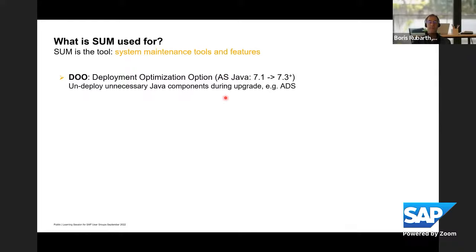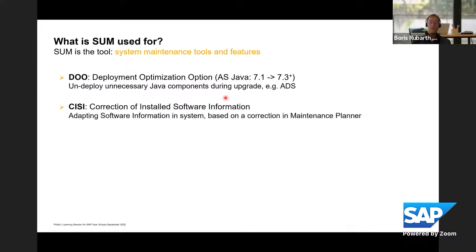The next tool or feature of the tool is what we call correction of installed software information. Sounds a bit strange. Why do we have to correct? And what is software information? Well, you know, an ABAP system, for example, consists of software components with versions and products and product instances and relationships.